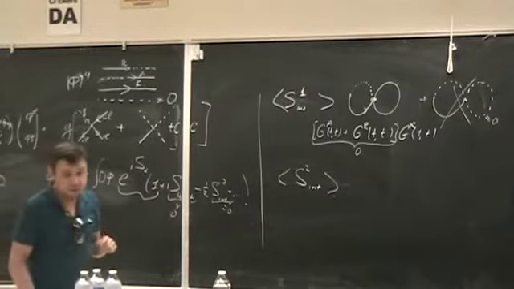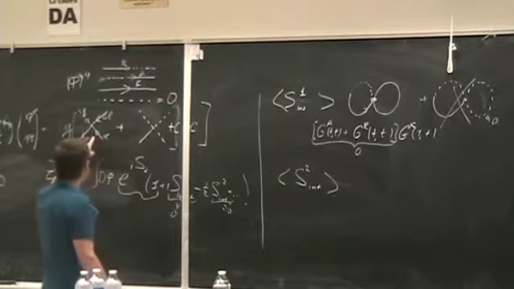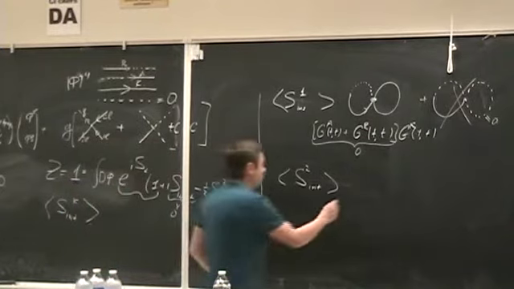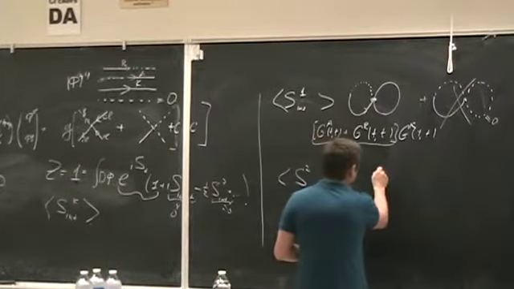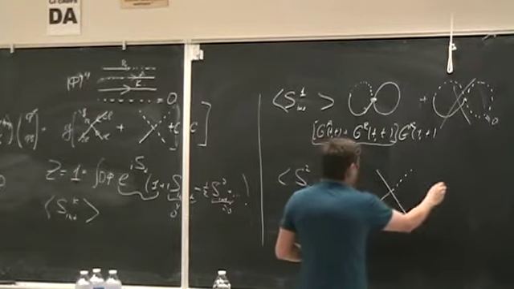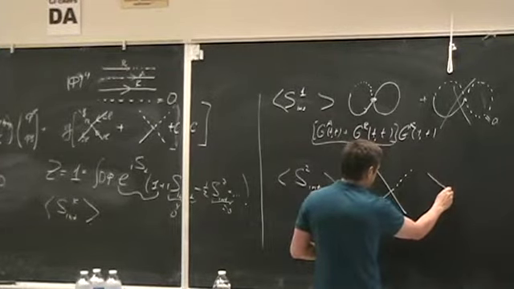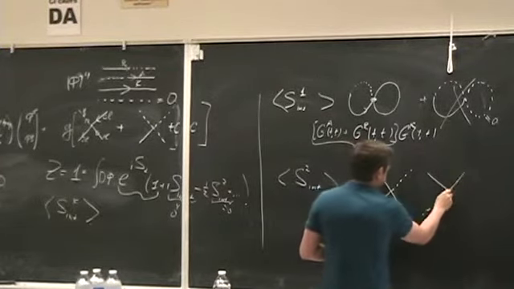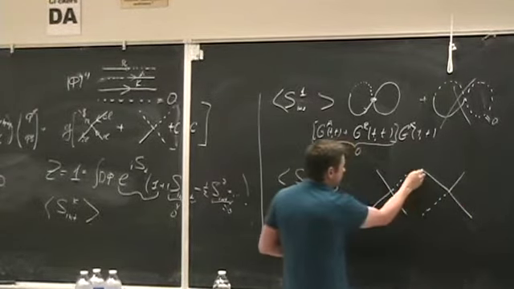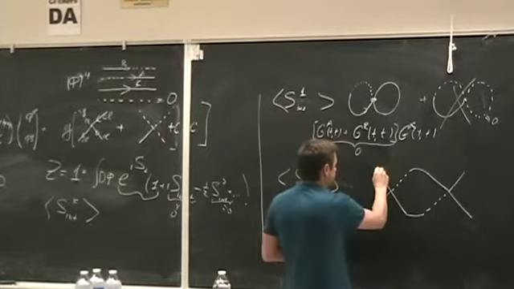Okay, so let me see if I can do it. So let's probably take two of both. So we'll have this, and now I have to contract everything, so the most interesting term which I will obtain is this.